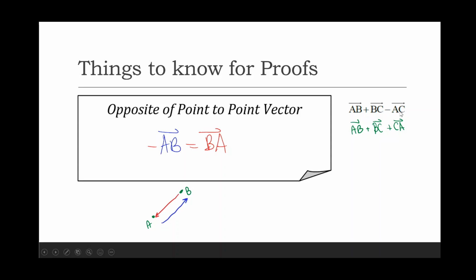So swap the order of A and C and change the minus to a plus. This then allows you to collapse these two together to say this is just BA. Adding with AB before that, you can collapse that even further and say this is point A back to itself, which means you haven't moved, or you have vector 0 in the end. So this is sometimes useful, to be able to swap the order of the letters and change a positive to a negative or vice versa.